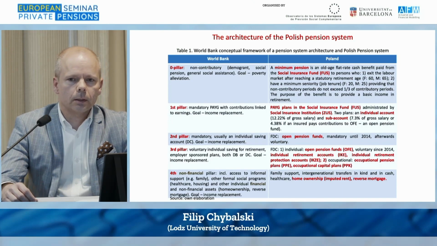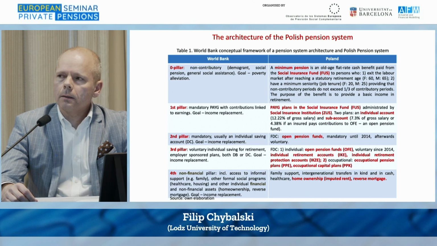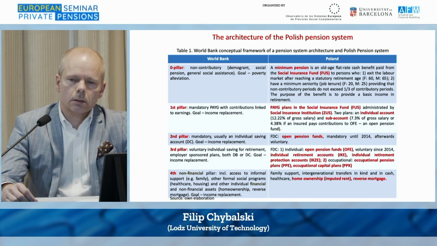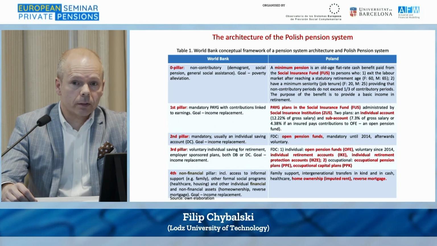In my opinion, the most important products in the fourth pillar are reverse mortgage, however, it's a product of the future, and imputed rent.